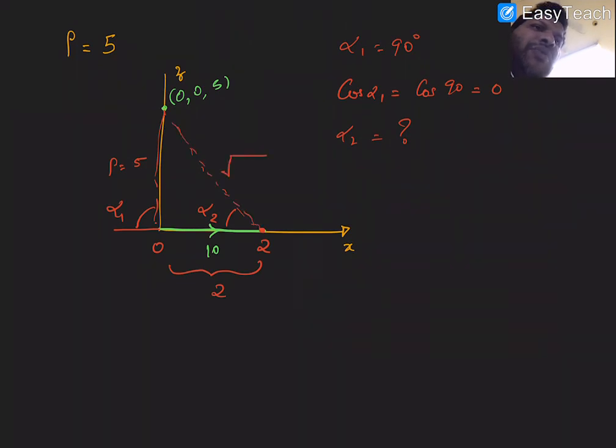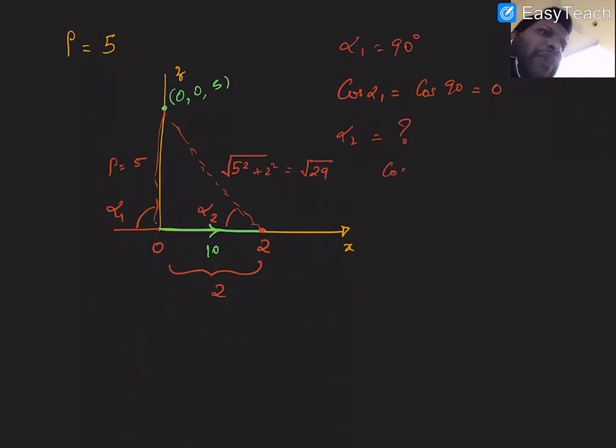This distance will be equal to the square root of rho square plus 2 square, or I can say that it will be equal to the square root of phi square plus 2 square, which is equal to square root of 29.